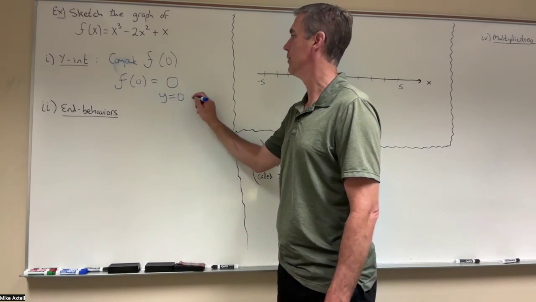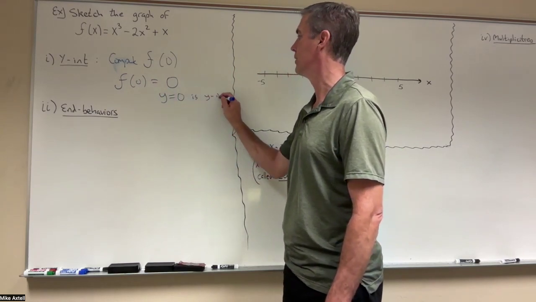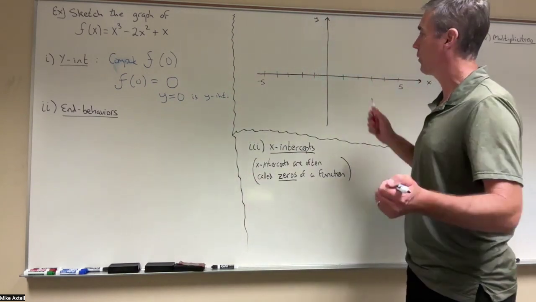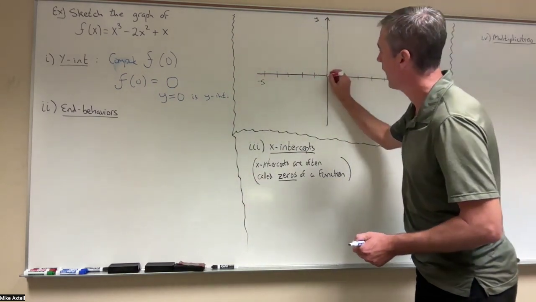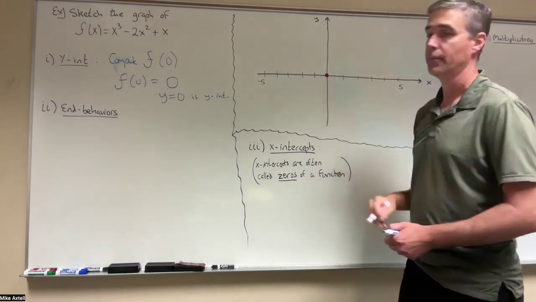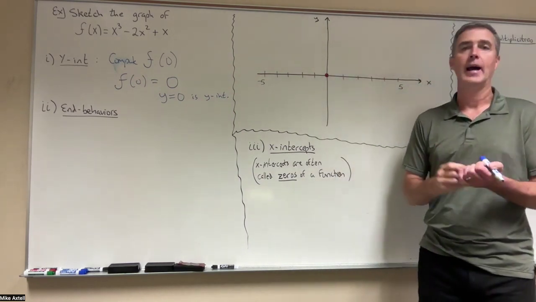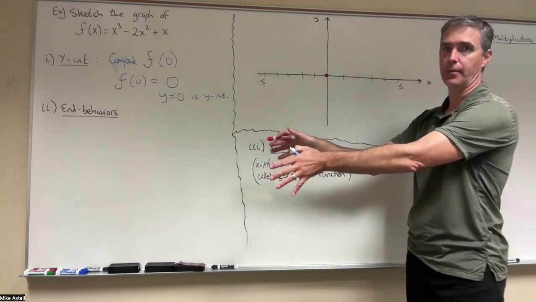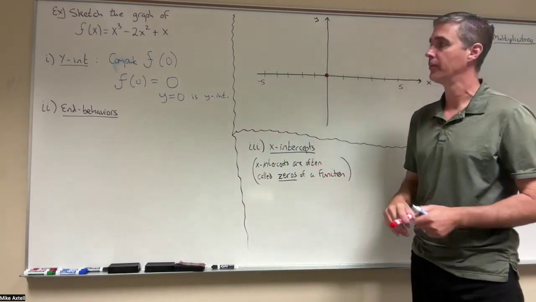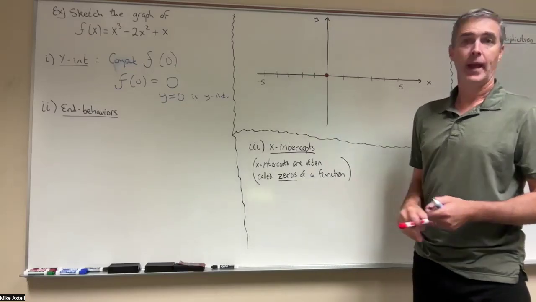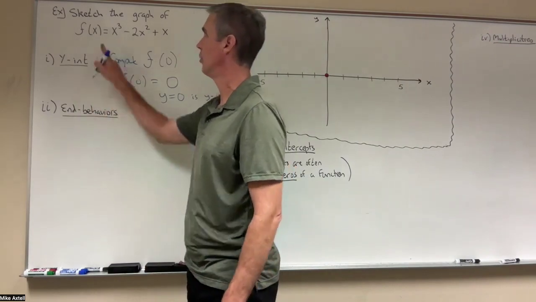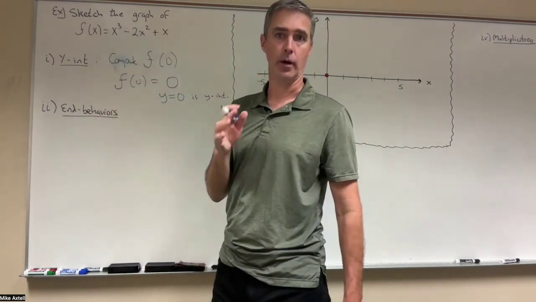So y equals 0 is my y-intercept. All right, cool. So my graph will cross the y-axis at y equals 0. So let me put that dot there. I find it easier to do one step, put the information on the graph, do the other step, put the information on the graph, et cetera, right? Okay, end behaviors. I look at the leading term of my polynomial, the term with the highest power of x.